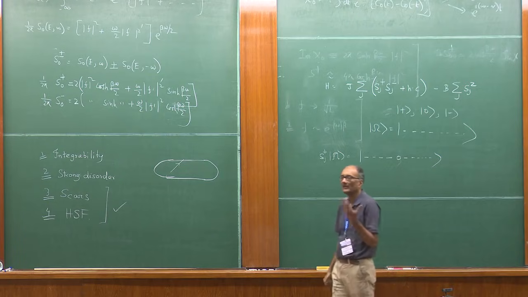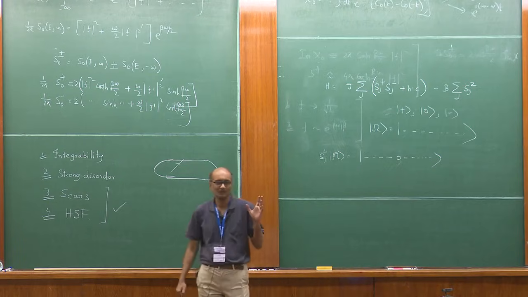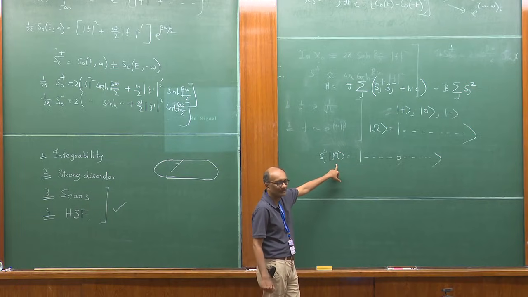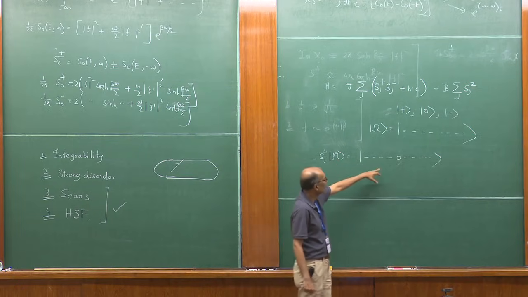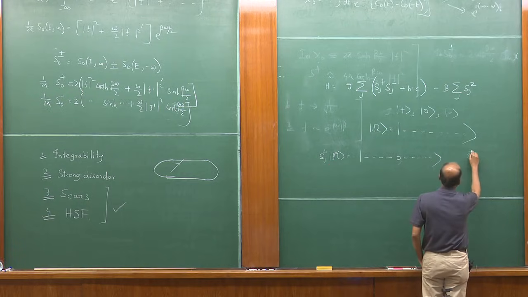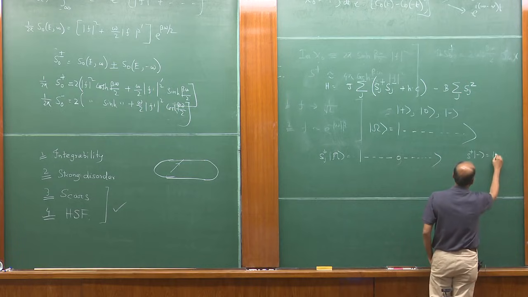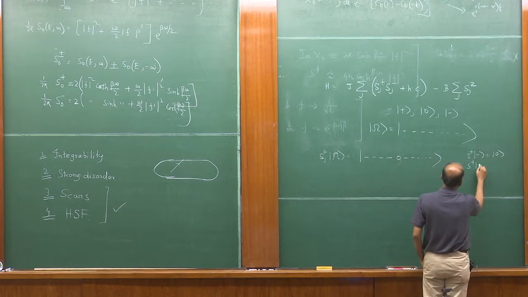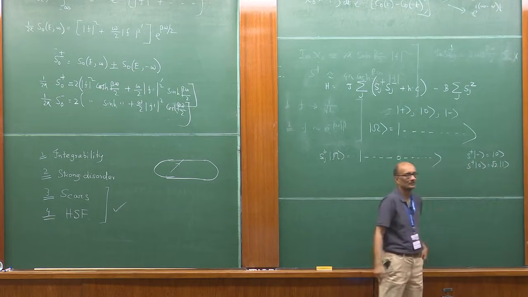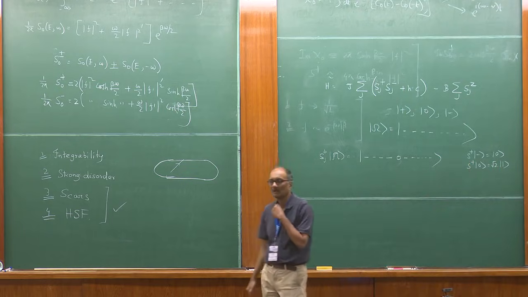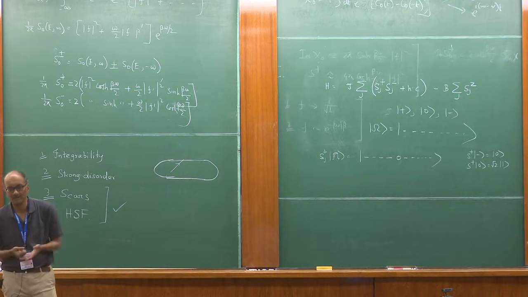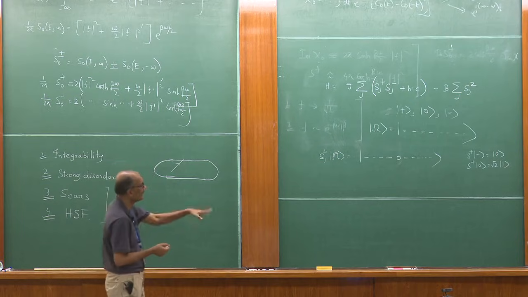Remember, S plus acting on minus gives you a 0, and S plus acting on 0 is square root of 2 times plus 1, and so on. This is a typical spin-1 algebra, and the matrices are, of course, spin-1 SU(2) matrices, which we all know, so I am not writing them down explicitly.